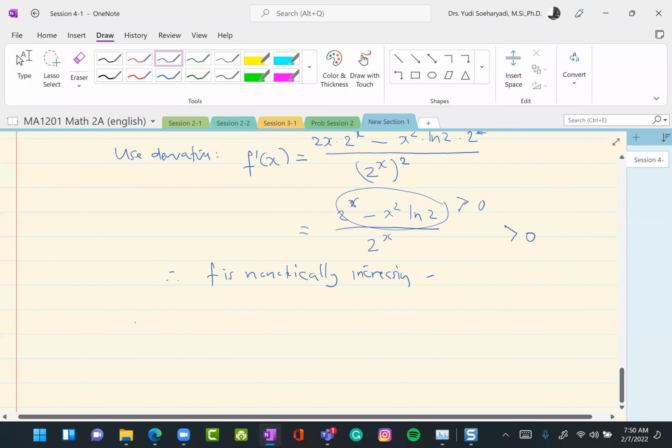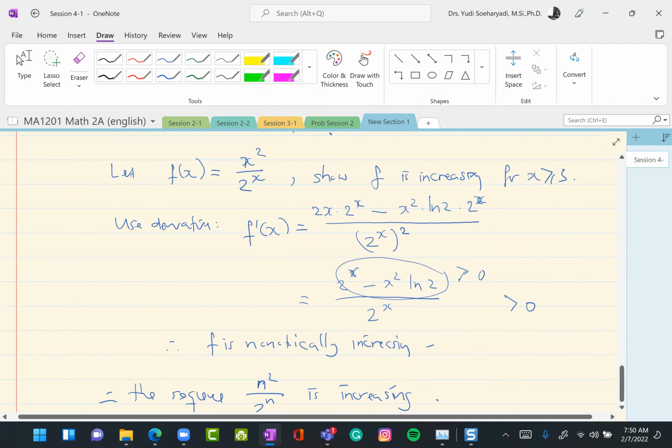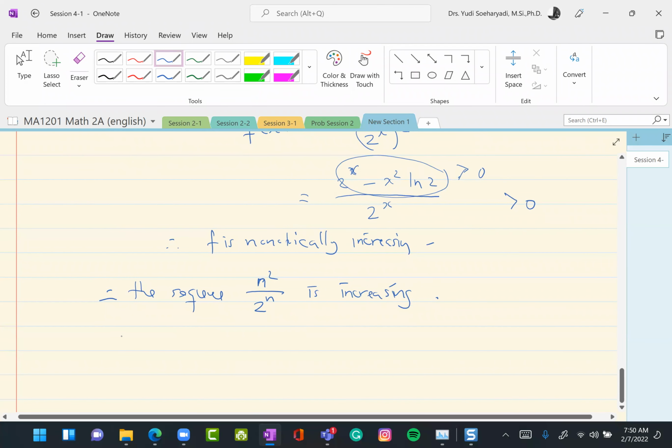and therefore the sequence n squared over 2 to the n is increasing. Okay, and let's see, this is bounded, say by 2.